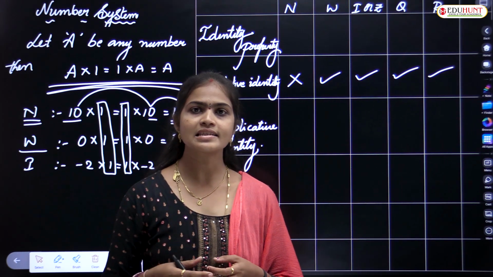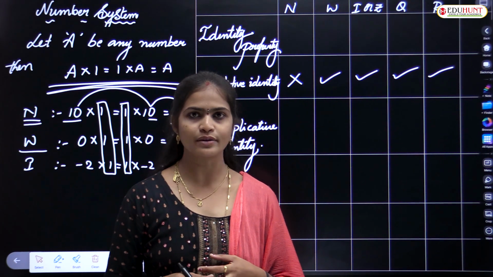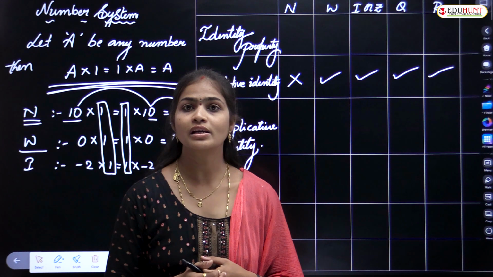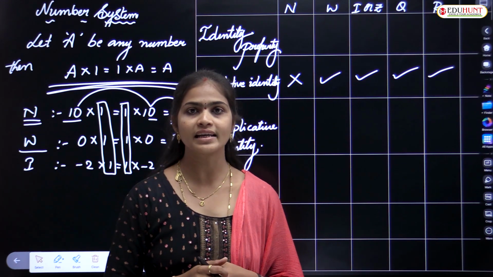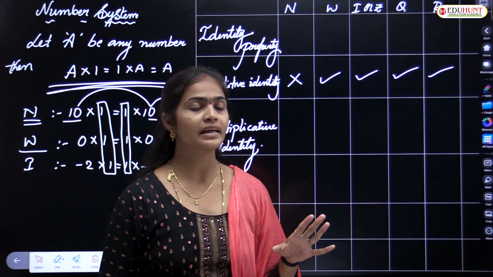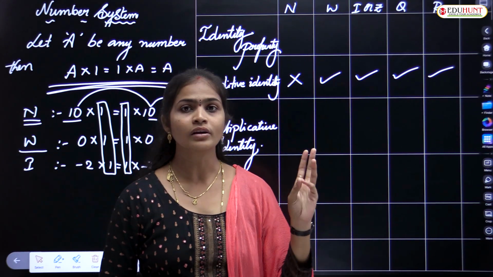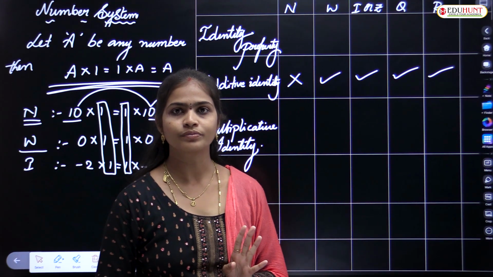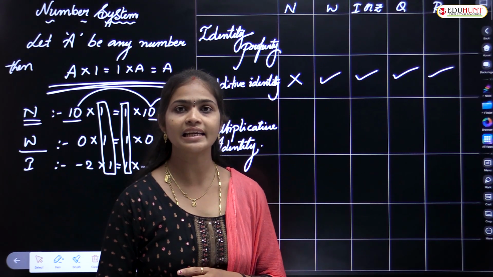In all cases the additive identity is 0. What about the multiplicative identity? I told you that in natural numbers the additive identity does not exist, no? So that's why 0 will not be there in natural numbers. In whole numbers 0, integers 0, rational numbers 0, real numbers 0. Okay, that is the additive identity element.